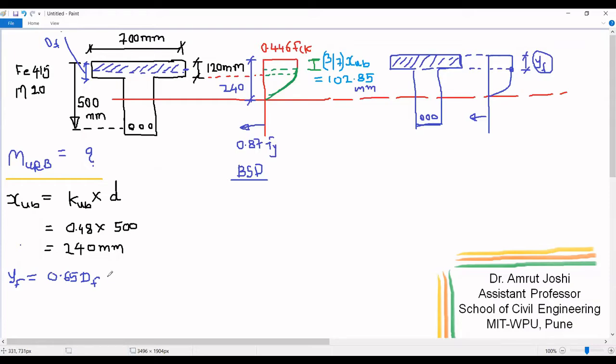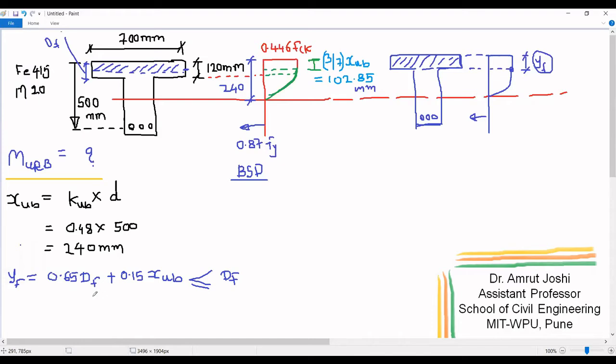XU is the location of neutral axis at failure for a given section. In this particular case, as we are aiming for a balanced section, I will replace this by XUB. Mind you, in general, it is XU. But as we are aiming for a balanced section, I am going to replace it by 0.15 times XUB, provided this value is less than or equal to DF.